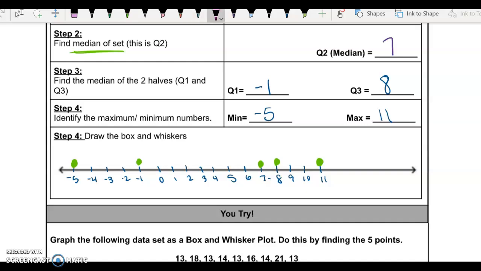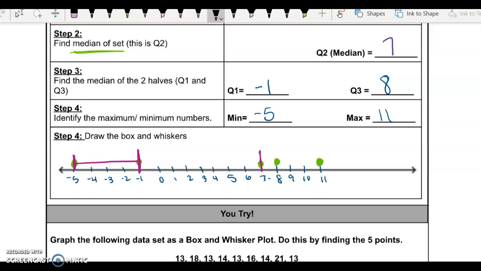And then what we do is connect our minimum to our quartile 1, and we turn that into a line. So sometimes it's easier to do lines than dots.